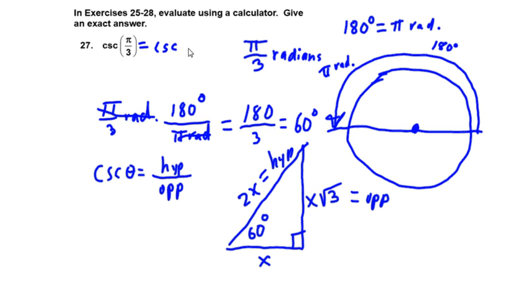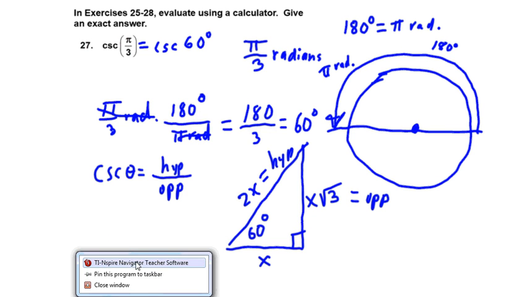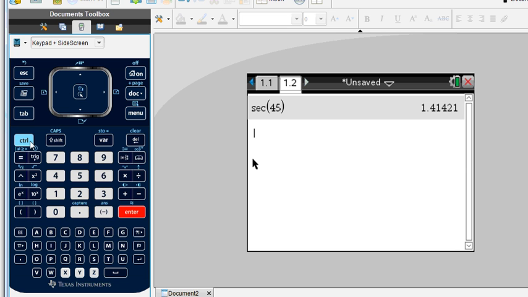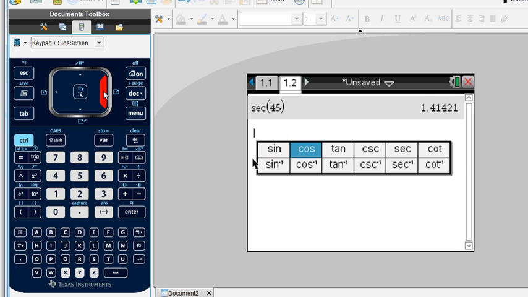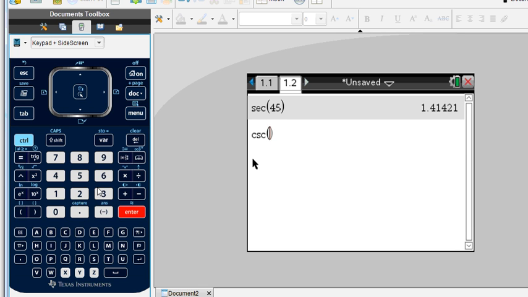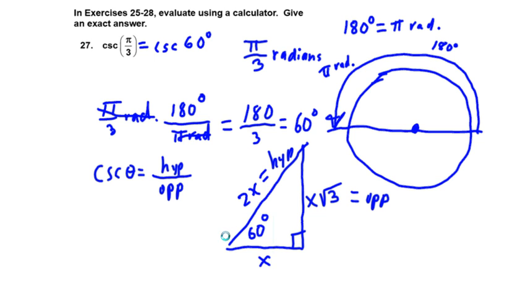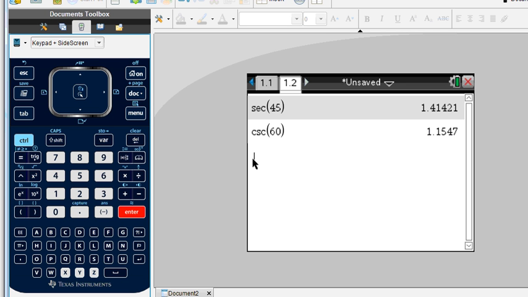In our calculator, we go to our trig key again, and then we go over to the right to cosecant, and we put in 60 degrees, and we get 1.1547. Again, that's an irrational number.